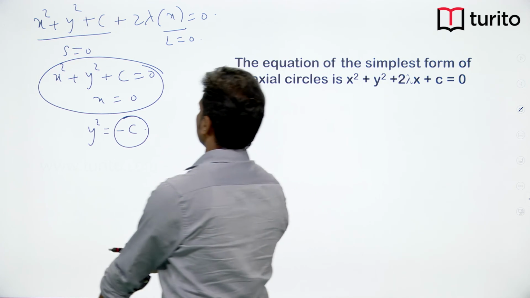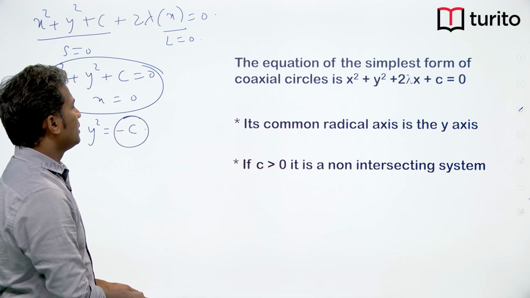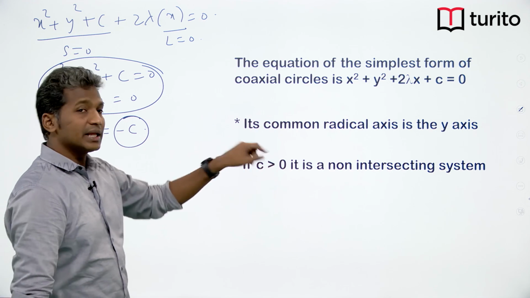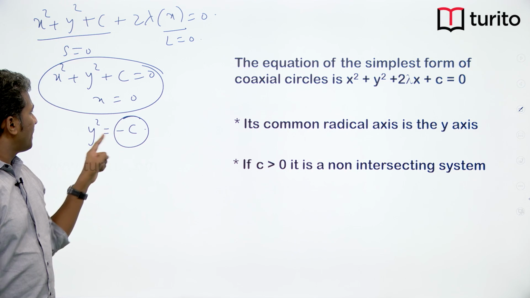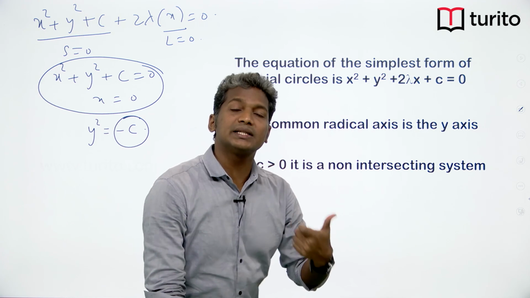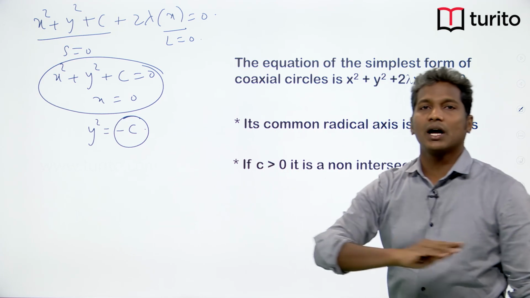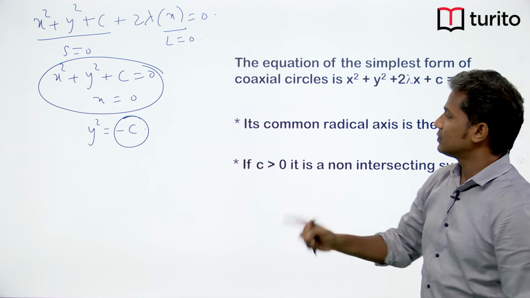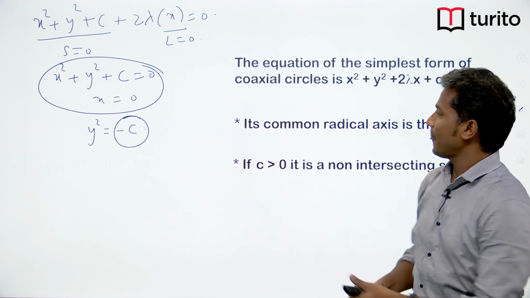So, we will take 3 cases. If c is greater than 0, you can see that y square is equal to a negative number, which is an inconsistent equation. So, there are no solutions for y, that means there are no points of intersection, which means this represents a system which is apart.